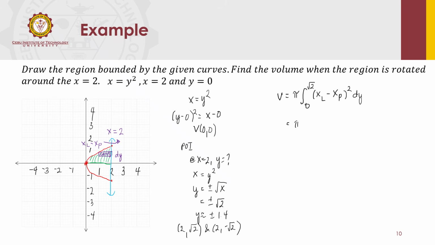So plugging in the expressions for x sub l and x sub p. We have x equals 2 for the line, and for the parabola, it's already in terms of y, so x is just equal to y squared, no need to solve for the equivalent expression.